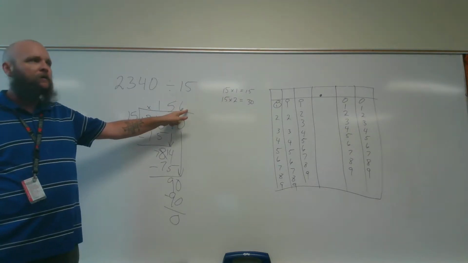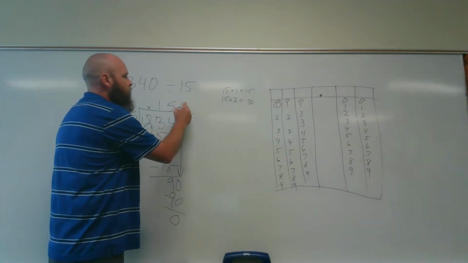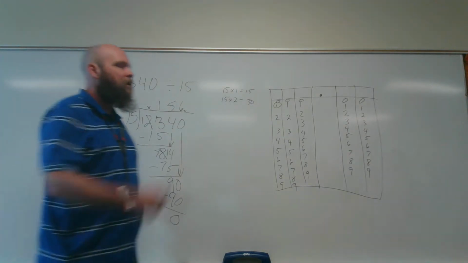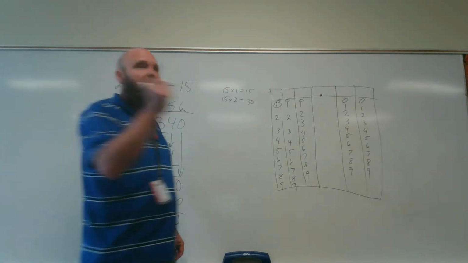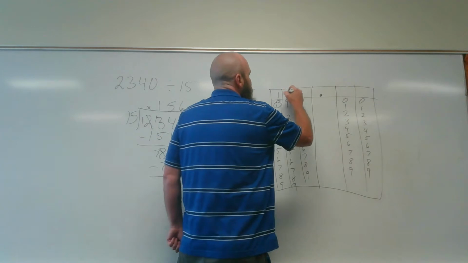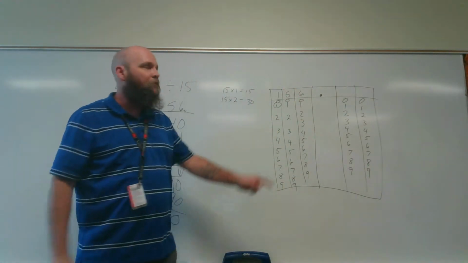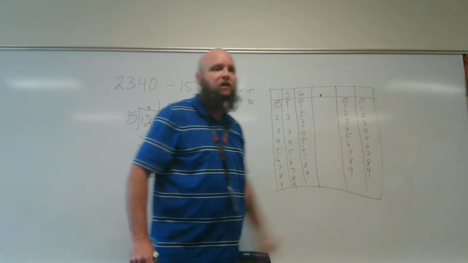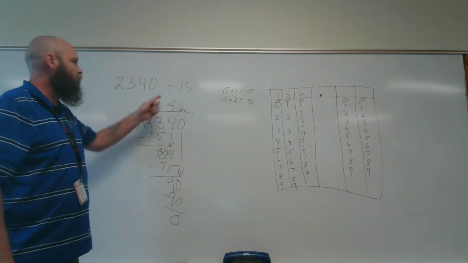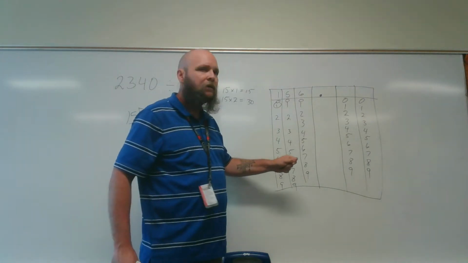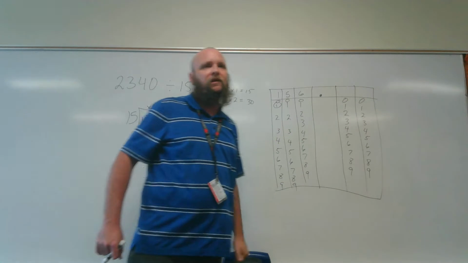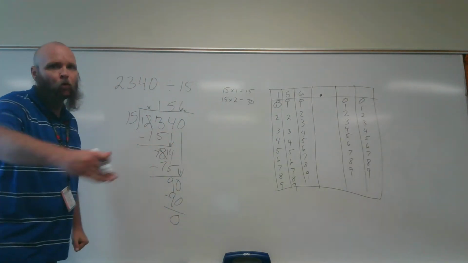My quotient, 156. My decimal point's at the end. If it's not written, it's at the end. That means I would have to bubble in 156. Too many of you are making it 1.56. That's not accurate. That means my answer would be less than 1. If I had any numbers behind this, those parts are less than 1.